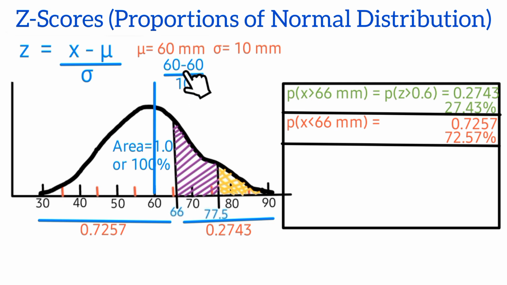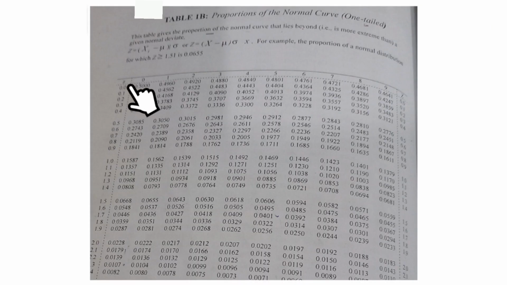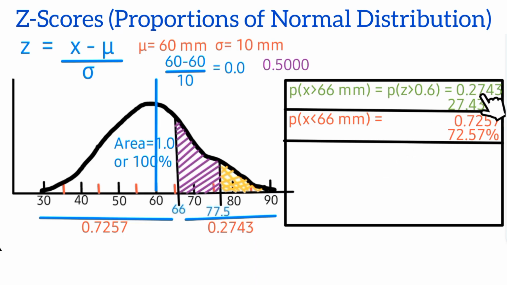So 60 minus 60 gives 0, and 0 divided by 10 is 0. Now let's visit our proportions of normal curve table to determine the probability when z equals 0.0. This is our table. When z is 0, the proportion is 0.5000. Also, 0.2743 is greater than 66 millimeters.